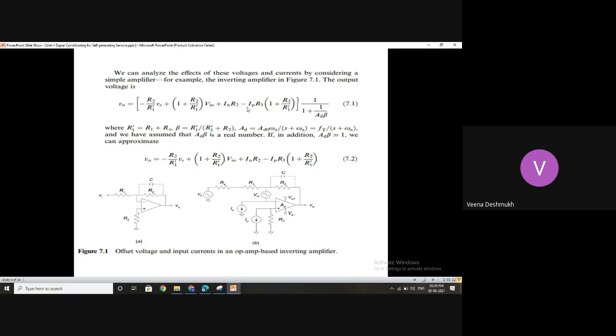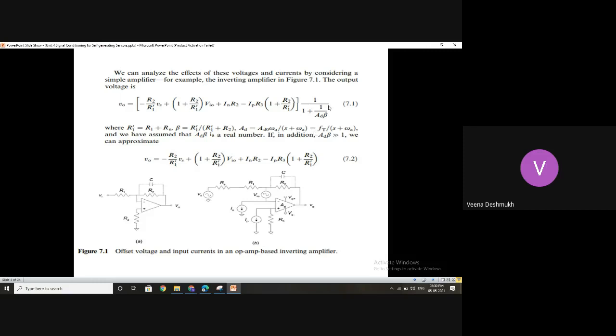Taking the direction into consideration, it is plus IN into R2, because the current is flowing away. Next, due to IP, that is the current at the non-inverting terminal, we get IP into R3, this resistance, and the voltage into 1 plus R2 by R1 dash. So this is as usual the non-inverting gain. Plus this is the overall gain of the amplifier.